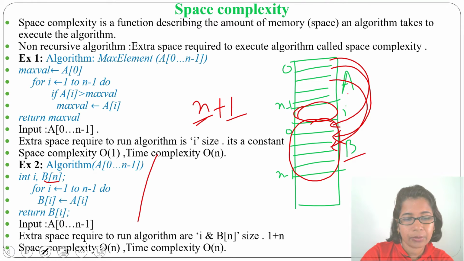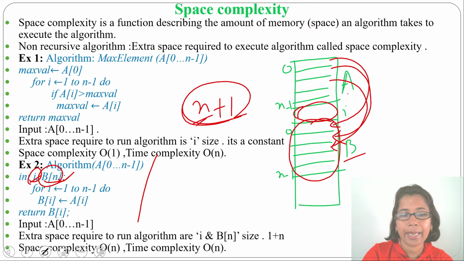For this algorithm, we need extra space for variable I plus for array B. For array B, size will be n. For variable I, size will be 1 space. That's why space complexity will be big O of n. We need n plus 1 space, that we can write big O of n.